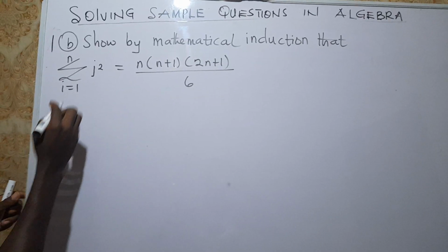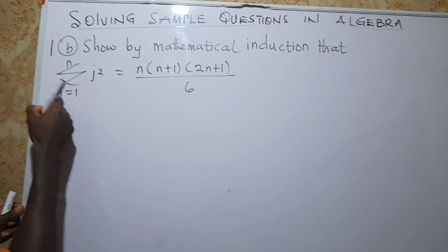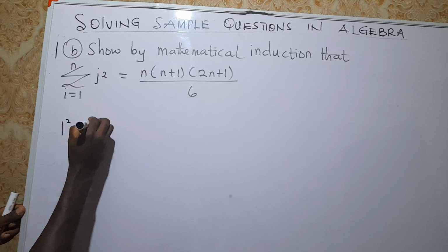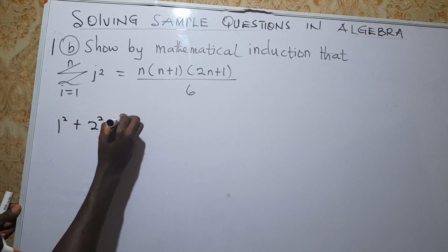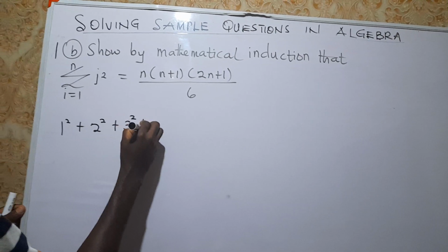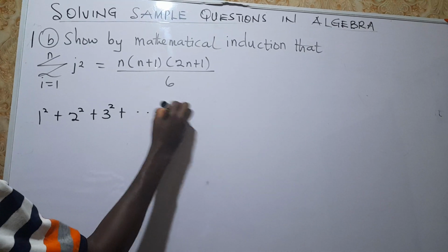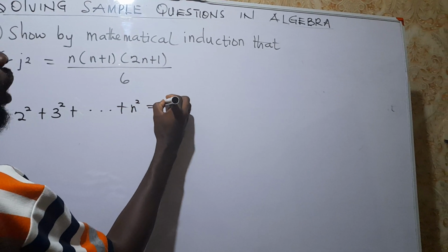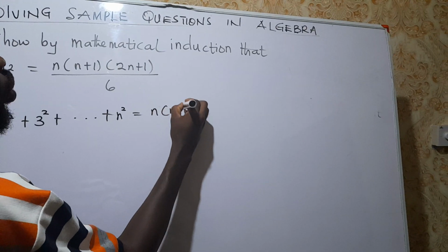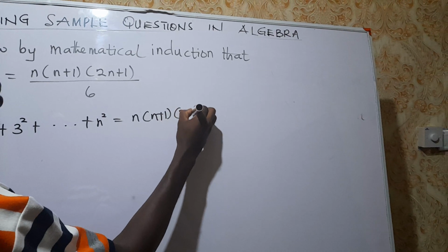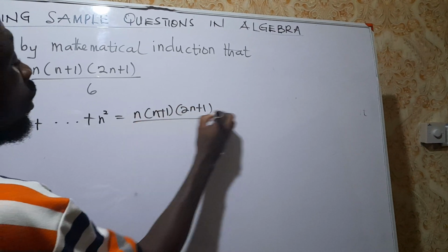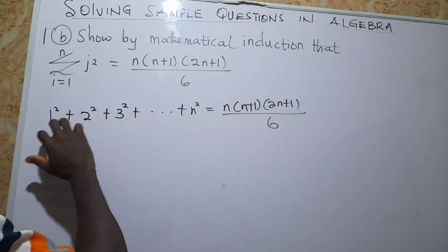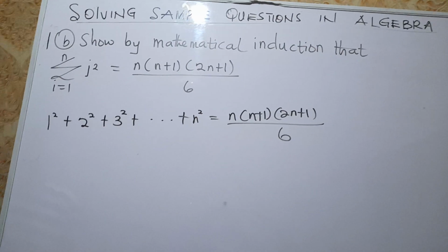So we can say that this is simply, when i equals 1, it means 1 squared plus 2 squared plus 3 squared plus up to when we have n squared is equal to n times (n plus 1) times (2n plus 1) all over 6. So this is the series, the sequences that form this series.